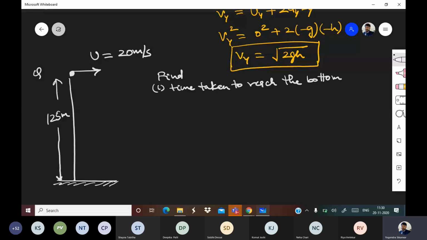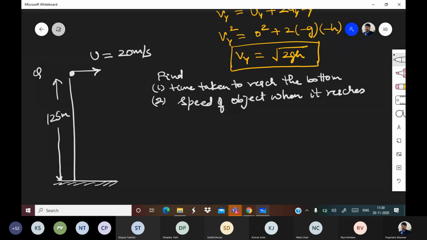Number 2, speed of the object when it reaches the bottom. And number 3, horizontal range. Please solve.